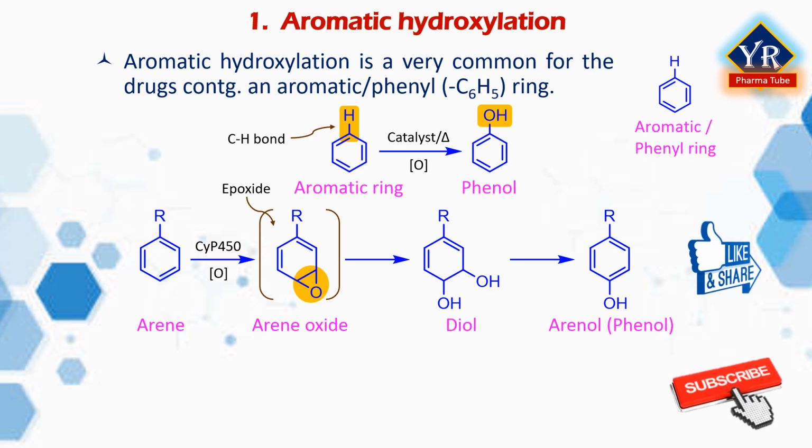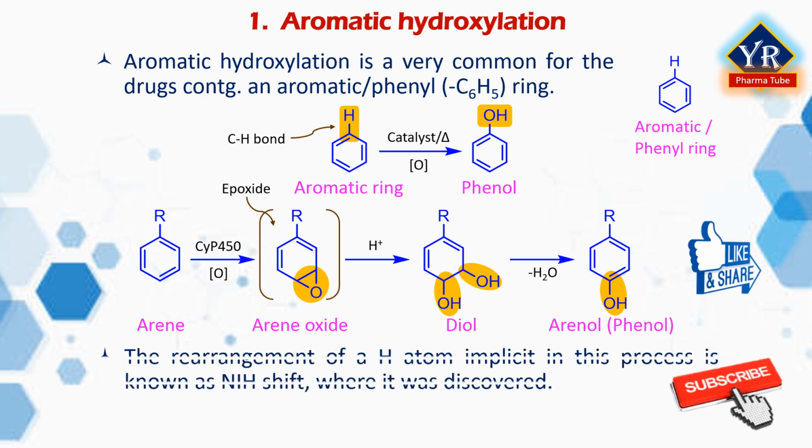This epoxide, in the presence of an acid, undergoes hydrolysis to a diol, which means that the epoxide reacts with water and opens to a diol. This is then dehydrated to form an aromatic ring of a phenol. Alternatively, a rearrangement may occur with the formation of a ketone and thence by enolization a phenol.